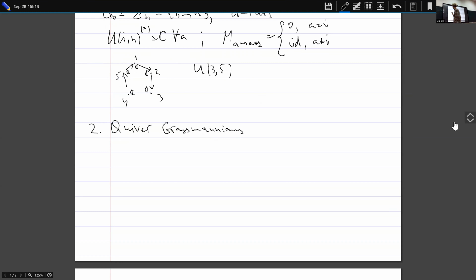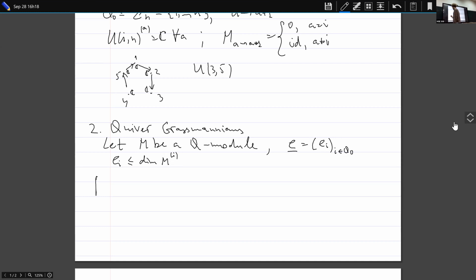So let us fix a Q-module, so we just fix a representation of our quiver, and then let e be a collection of non-negative integers, and let's assume that e_i is less than or equal to the dimension of M_i.